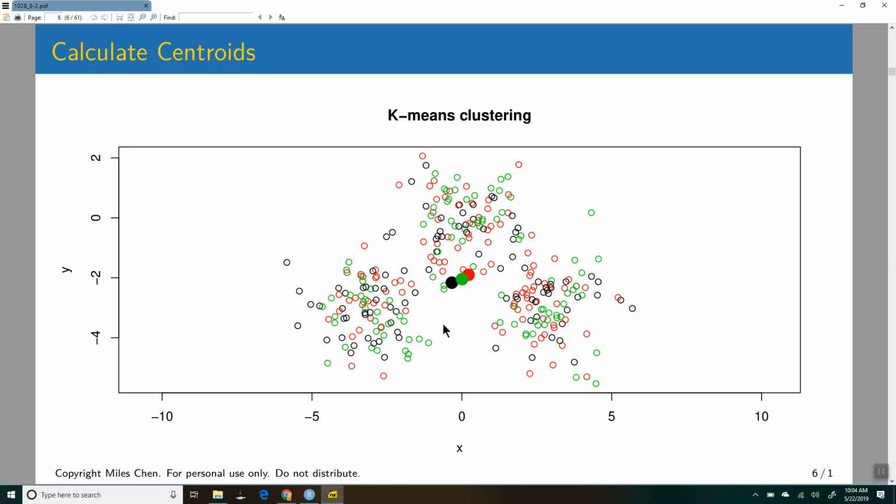Because they're not exactly the same, there are different distances. So pretty much all of these points will be closest to the black one, and pretty much all of these will be closest to the red. Only a few are closer to the green point than either of the other 2 points. So after reassignment, we get this.